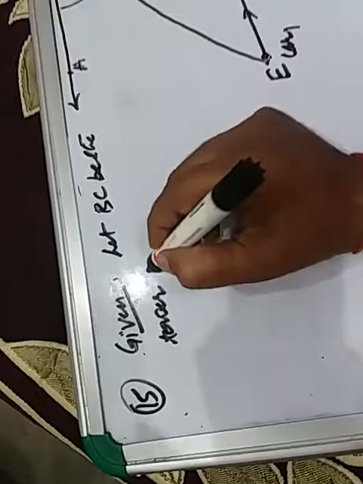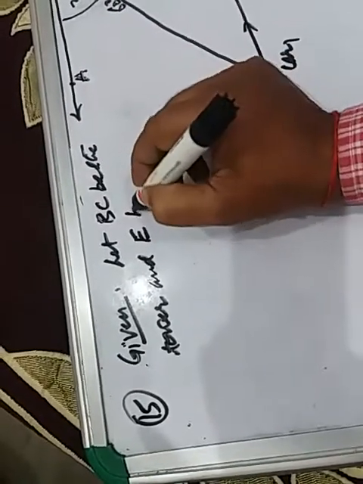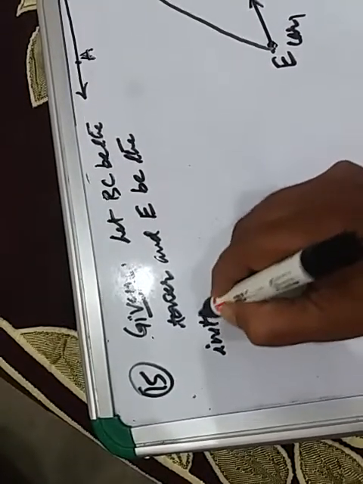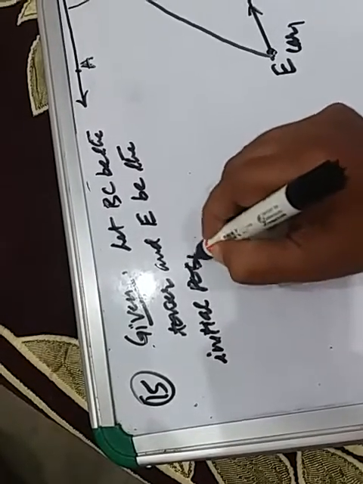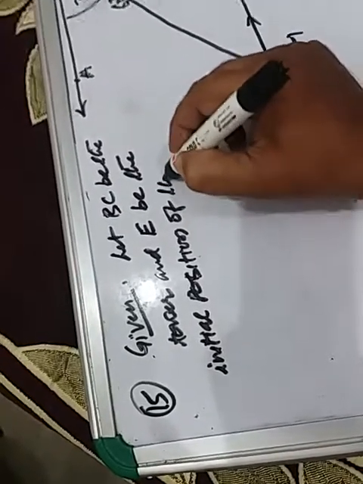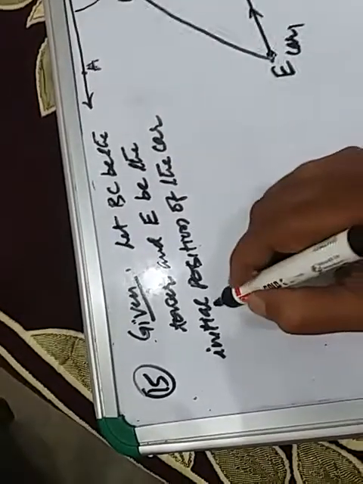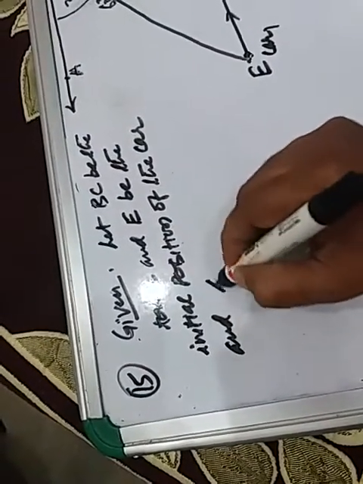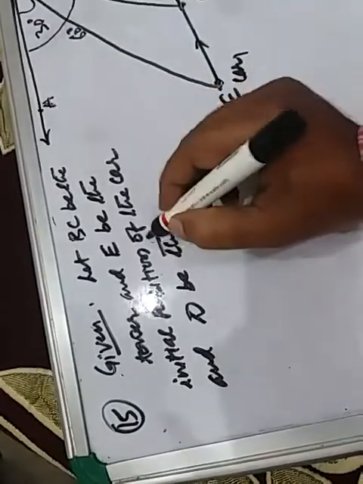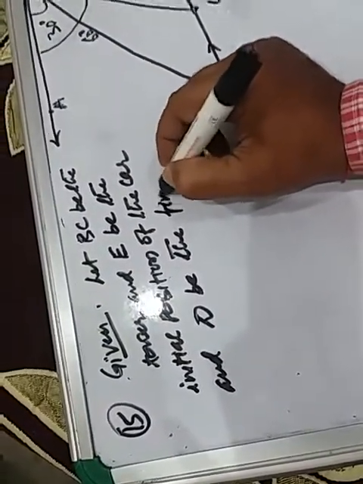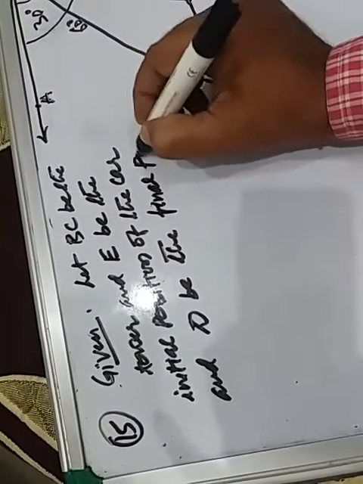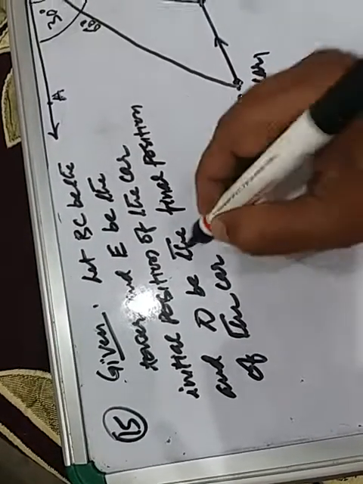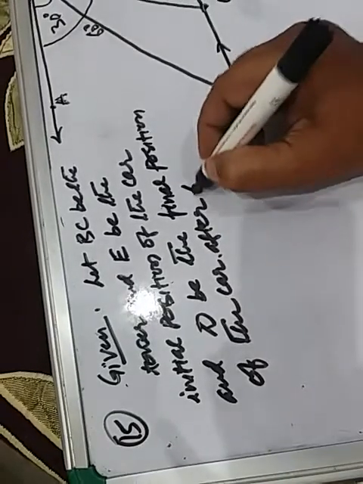And let E be the initial position of the car, and D be the final position of the car after 6 seconds.